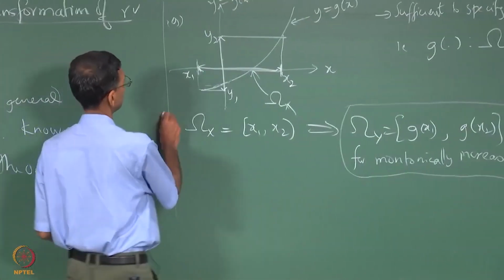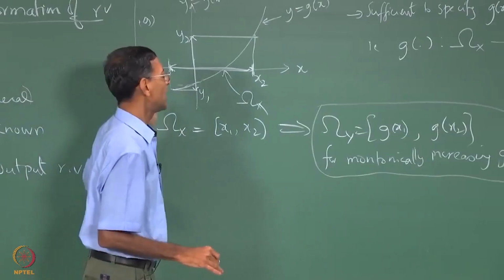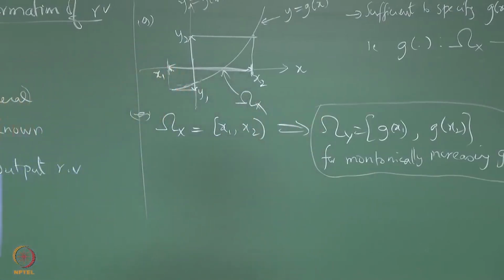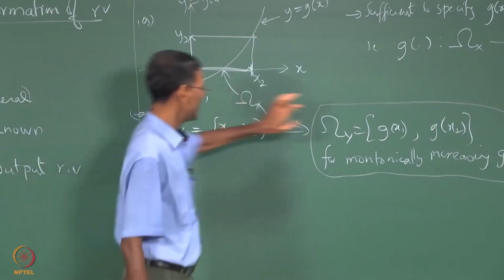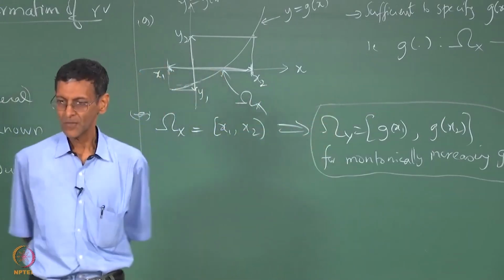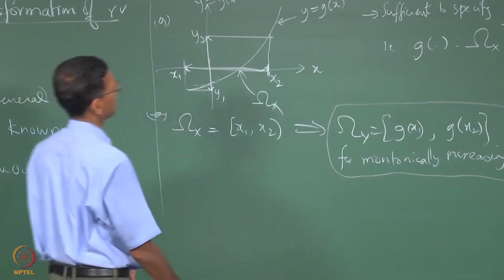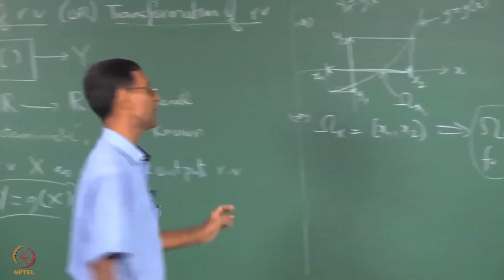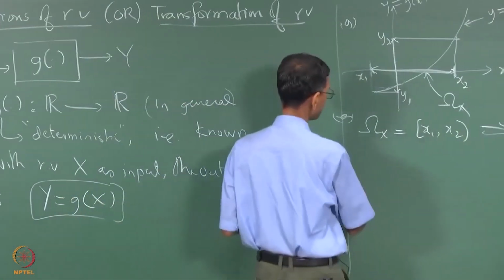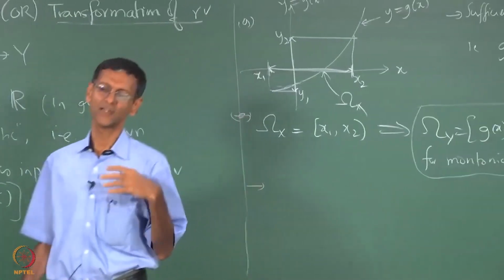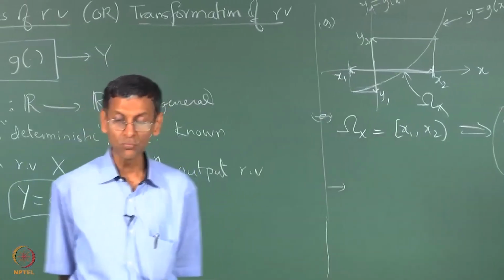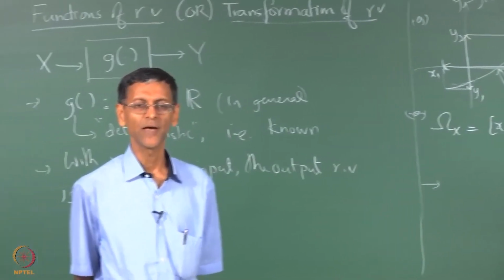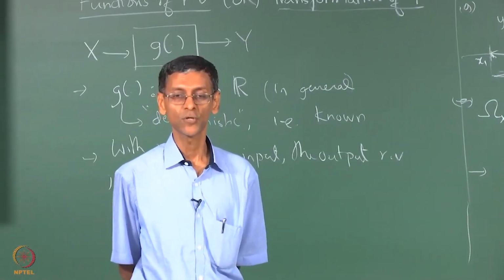Now, having dealt with this issue of finding the range, let us look at how you might want to write the probabilistic description, the joint description of x and y. Here, the entire probability is concentrated on that curve, as opposed to the earlier treatment of joint x and y where you had a region of non-zero area.